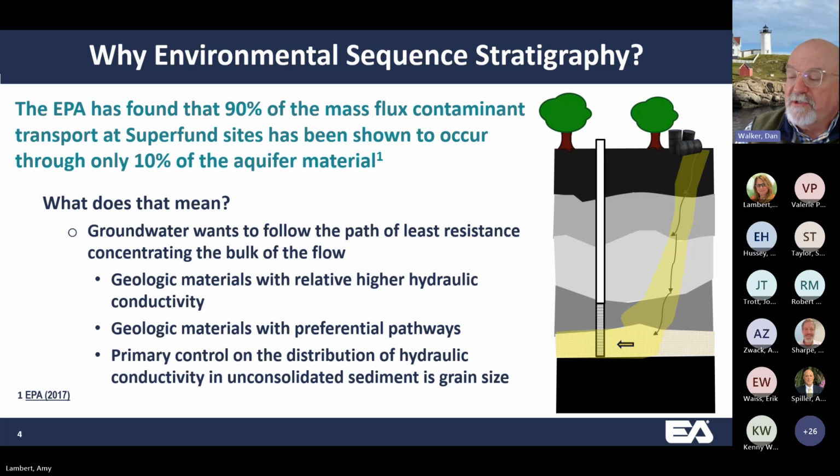Because the pore spaces and the permeability are higher in coarser grained materials like gravel or coarser sand than in, say, clay, we recognize that the majority of the contaminant is going to flow through those coarser intervals. So environmental sequence stratigraphy is a mechanism to understand the distribution of those coarser materials in the unconsolidated sediment that underlies a site.